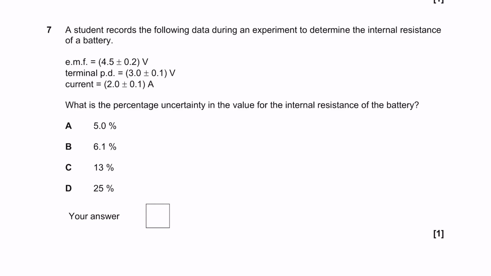We know that potential difference and the EMF are both in volts. They both will account for the error in internal resistance.